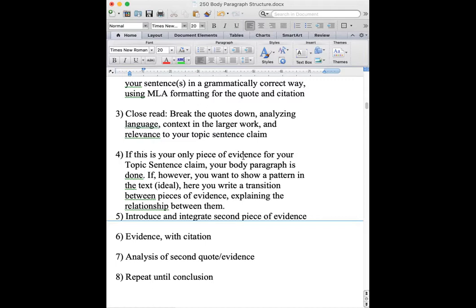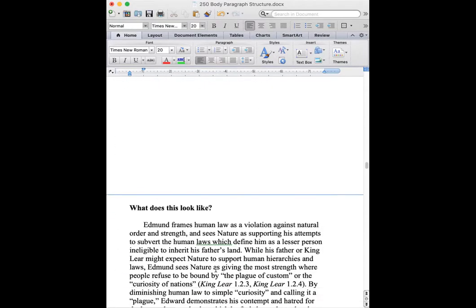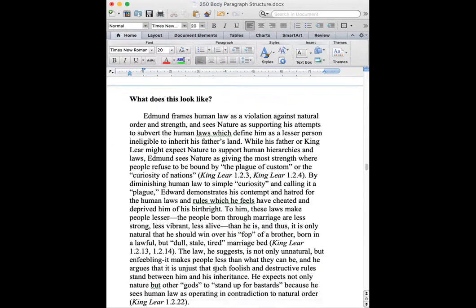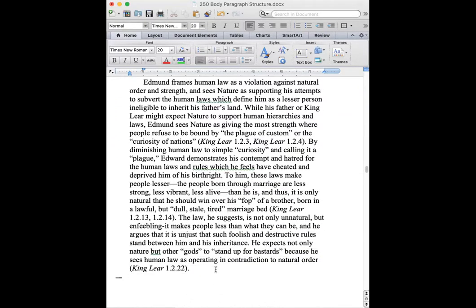Okay, last thing I wanted to do is, it's been very abstract how I've been discussing this up until this point. So the last thing I wanted to do is give you an example of what one of these paragraphs might look like in the wild. So here's a paragraph that is focusing on the speech at the beginning of King Lear, Act 1, Scene 2.